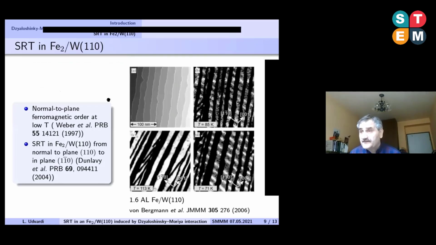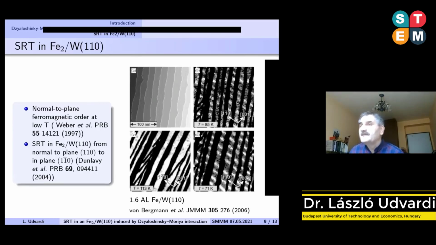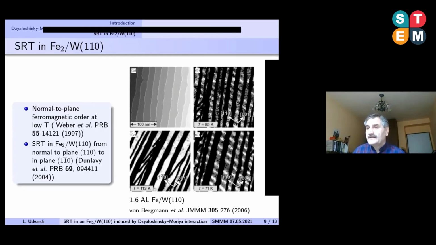And this is the experimental evidence. This is a spin-polarized STM on the system. Here we can see the topography in the upper left corner. And this is the spin-polarized picture. We can see these stripes. They belong to a domain wall, and in that case the orientation of the magnetization is perpendicular to the plane.